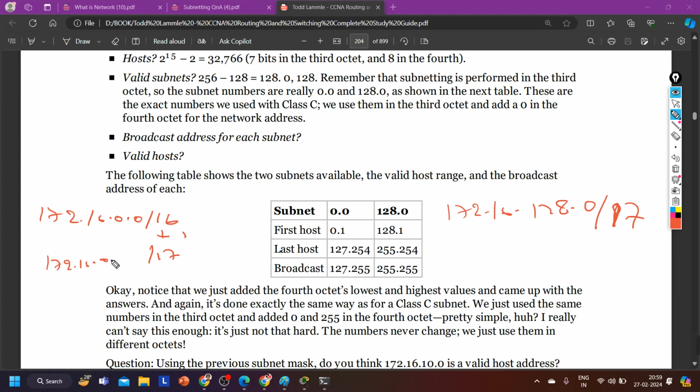Yes. 172.16.0.0, and 128.0 is in the subnet mask, not the network ID. Where does 128 come from? We borrowed one bit, so the subnet mask is going to be 255.255.128.0. This is your network ID.